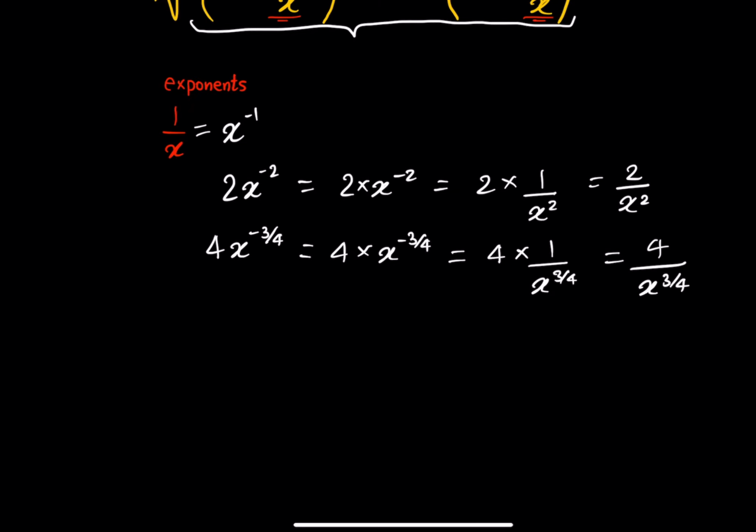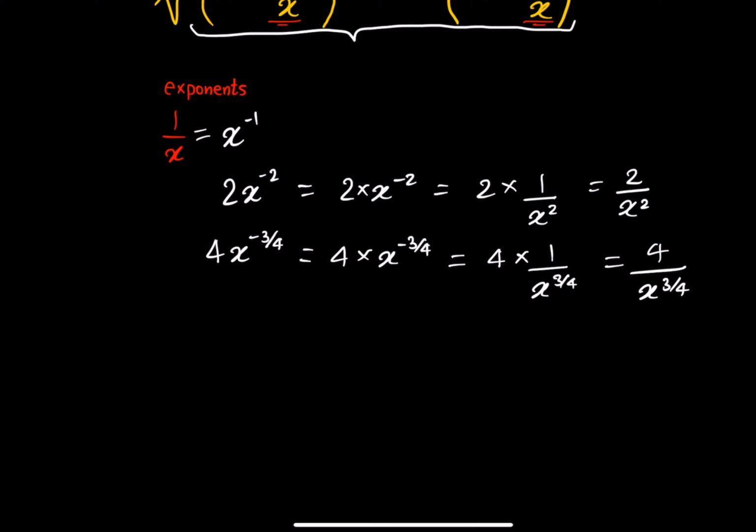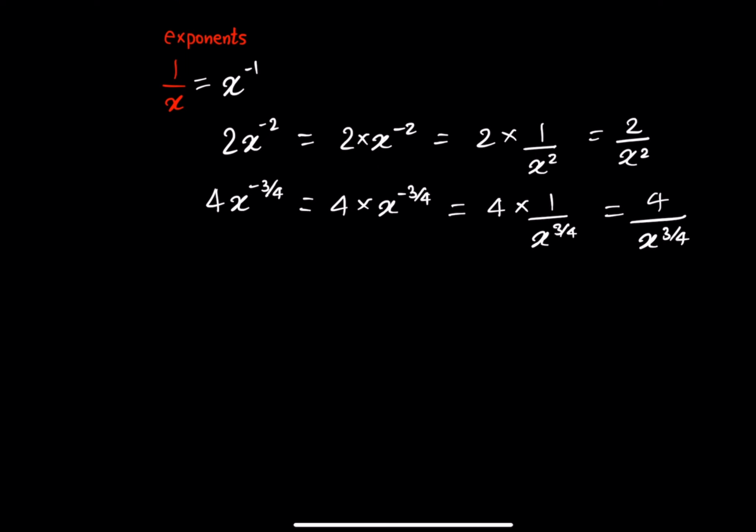So what we're going to be doing now is we're going to substitute 1 by x every time we've been given it in the equation. So substituting 1 by x as x raised to the power negative 1.